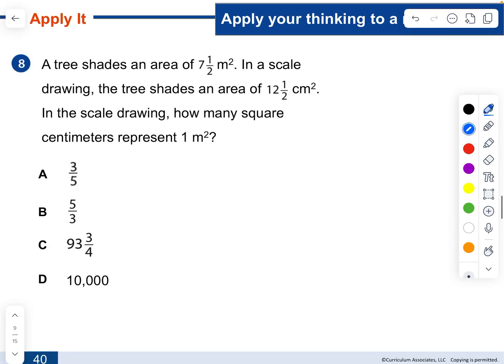Number 8. A tree shades an area of 7.5 meters squared. In a scale drawing, the tree shades an area of 12.5 centimeters squared. In the scale drawing, how many square centimeters represent 1 square meter?